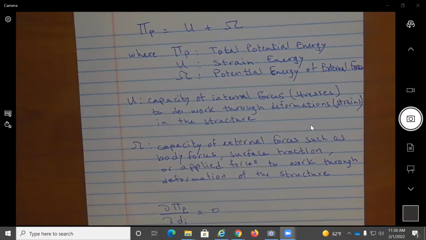This is the minimum potential energy approach.